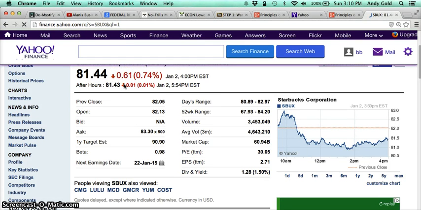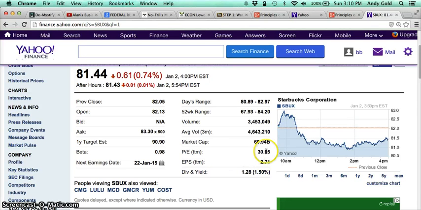It also shows you just on this first screen here a couple of terms that were sort of used in the textbook. One is earnings per share, and you can see here that Starbucks has $2.71 earnings per share. That means that the company, if you took their total profit, their earnings, and divided it by the number of shares, you'd get $2.71 per share.